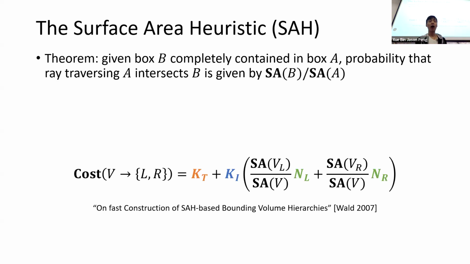So the way that we apply this heuristic is that we are going to define a cost function. The input of the cost function is going to be a partitioning of a specific bounding volume into two different halves.